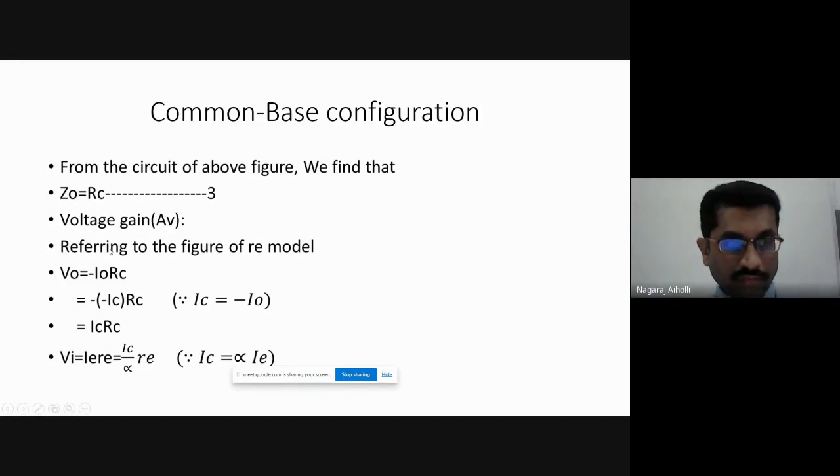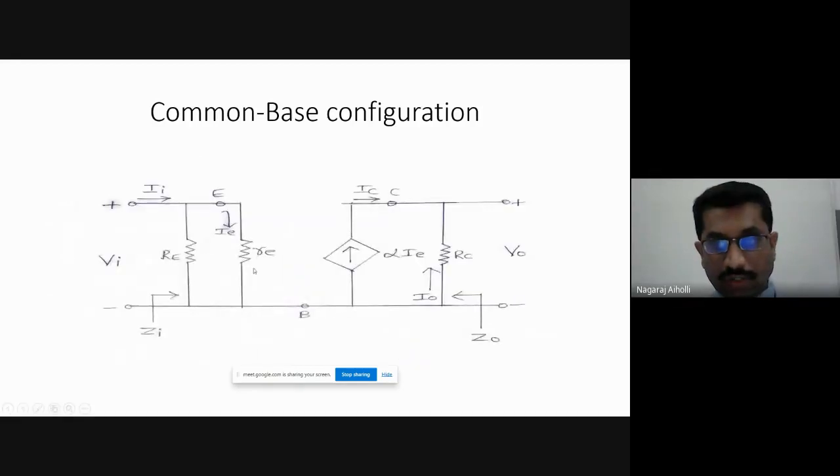What is V naught? If we look into the re model, the output voltage V naught is minus I naught into RC, because the current is flowing from this minus terminal.